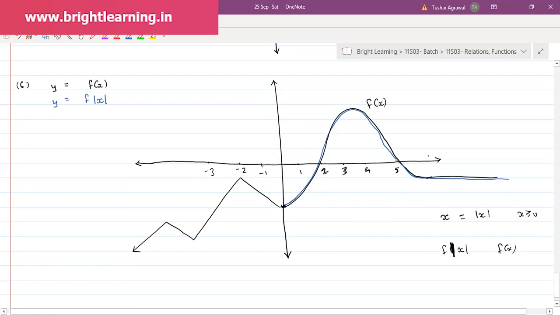How is the graph of f behaving there? How is the black graph behaving for x equal to 1, 2, 3, 4, 5? However it is behaving, plot that same graph for the blue graph at -1, -2, -3, -4. Means take the mirror image.